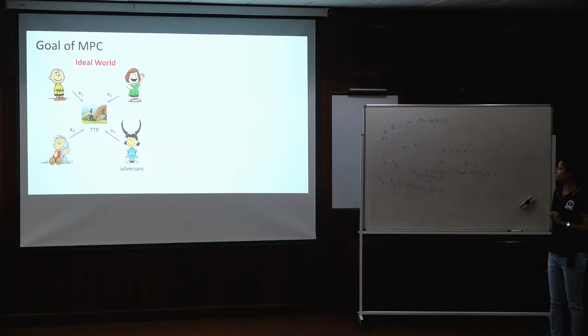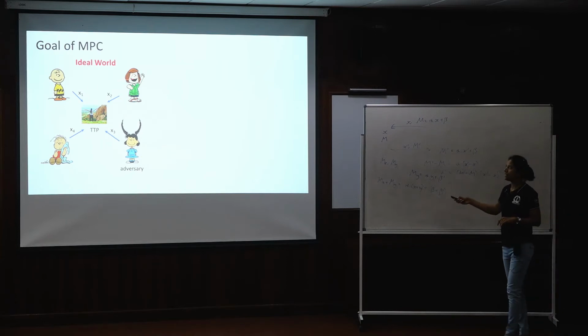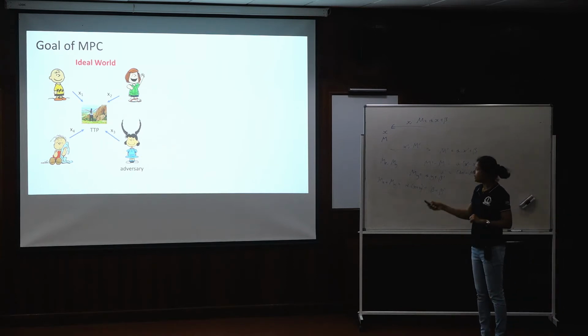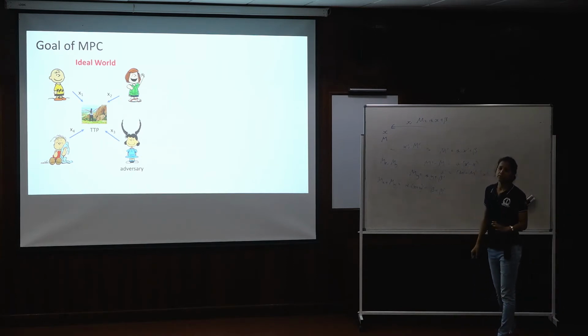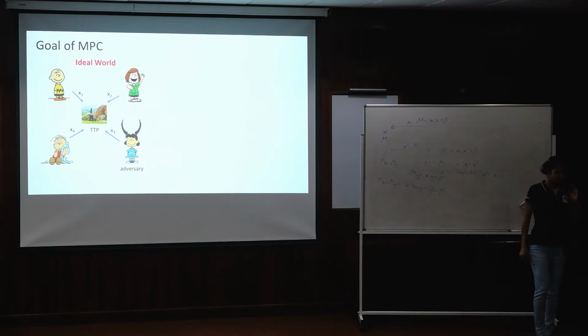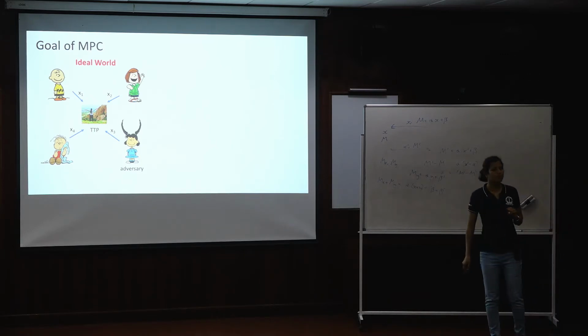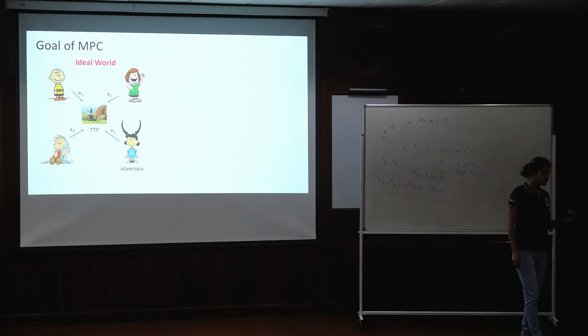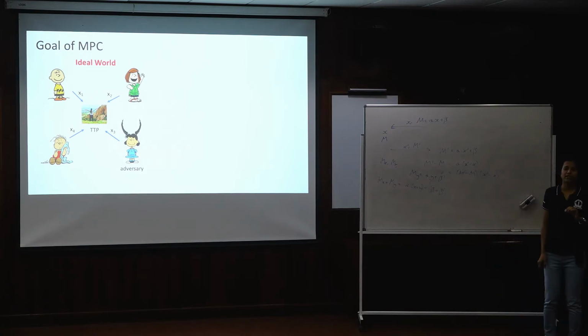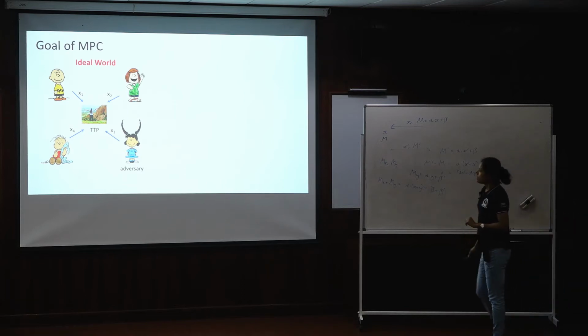In the ideal world, there is a trusted third party whom all the parties can trust, and all of them are connected to the trusted third party using authenticated and private channels. The parties send their input to the trusted third party, who computes the function that they would like to compute, and sends the output back to all the parties.